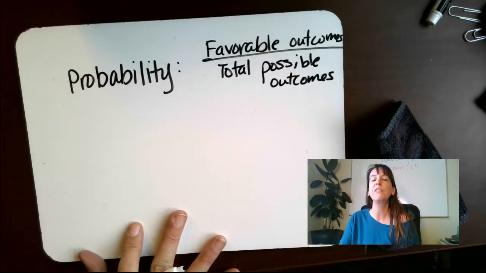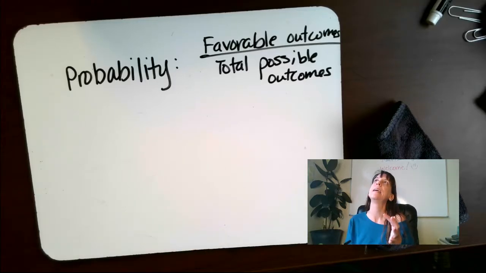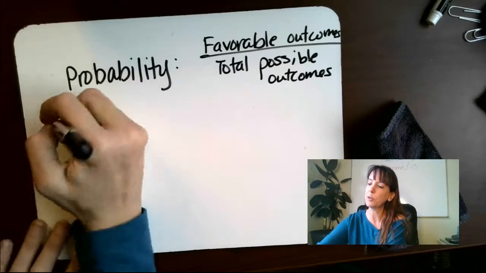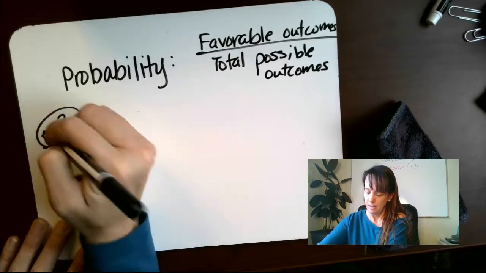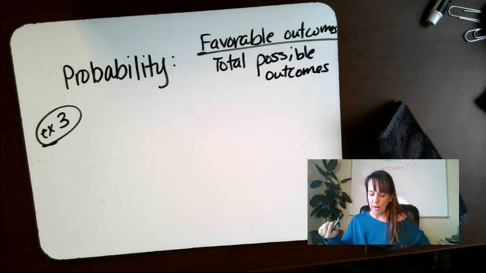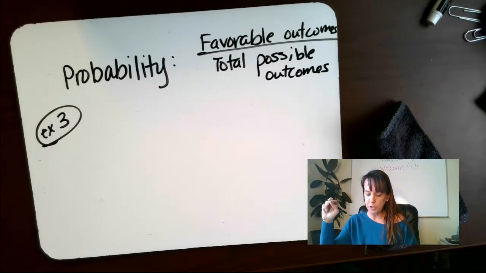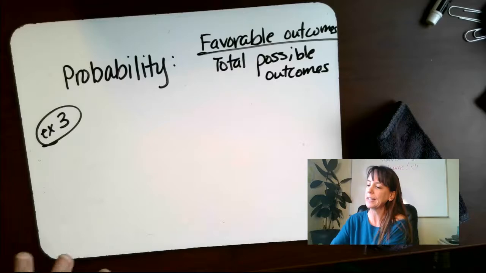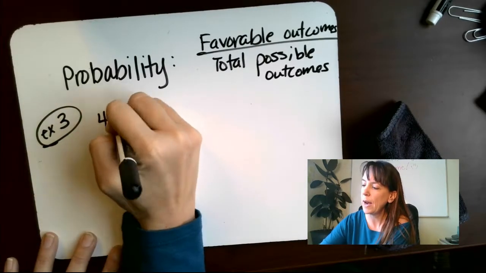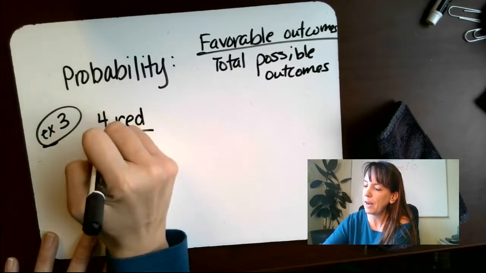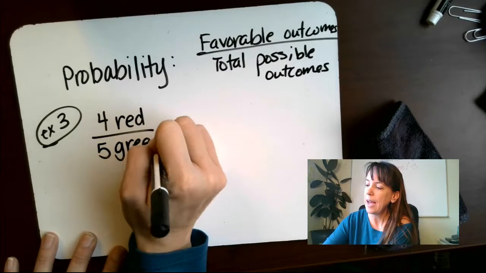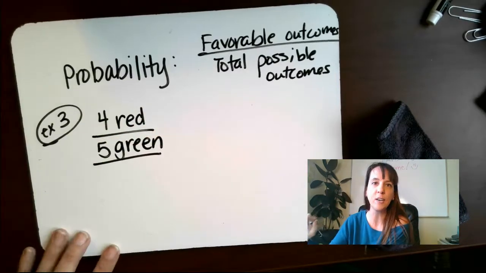When I say favorable, looking at example number 3, it says, in the bag were red marbles and green marbles. If the ratio of red marbles to green marbles was 4:5, what fraction of the marbles was red? So 4 red to 5 green, that means what's missing in our third tier is our total.